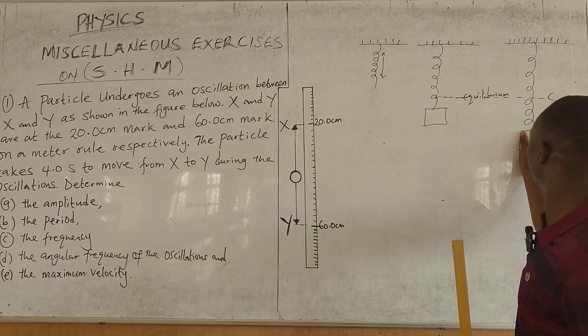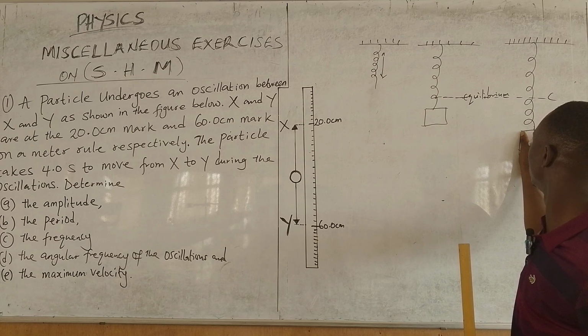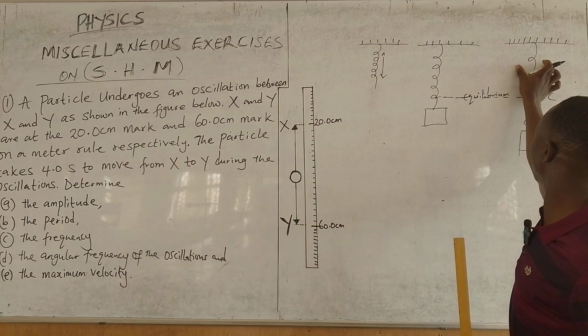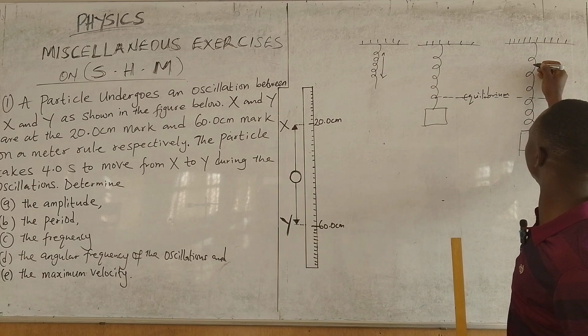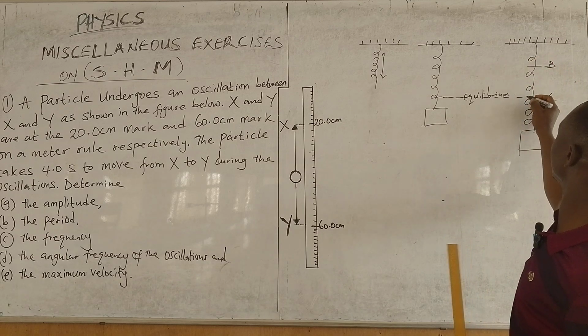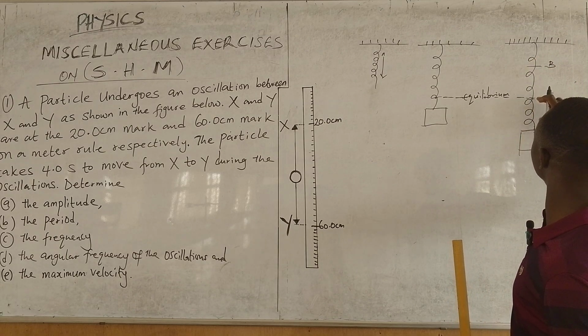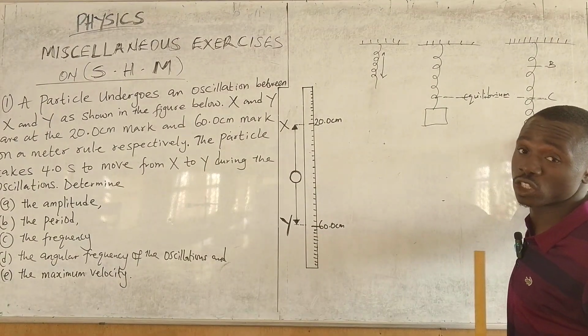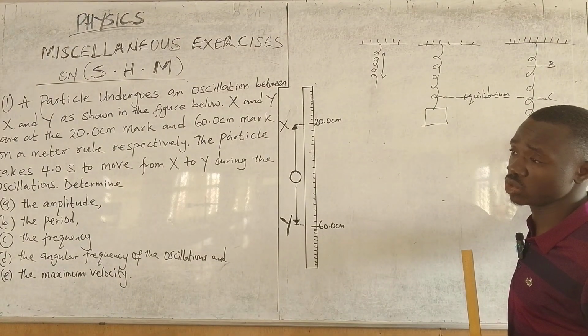So you stretch it to point A. Now, when you stretch it to point A and you release it, what happens? It goes up and down. So let me assume this is the maximum point where it is displaced upward from the equilibrium position. From C to A is the maximum downward displacement, which is our amplitude.